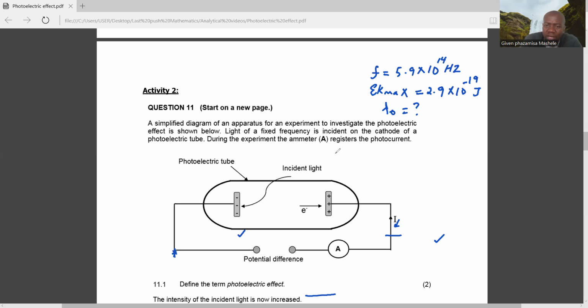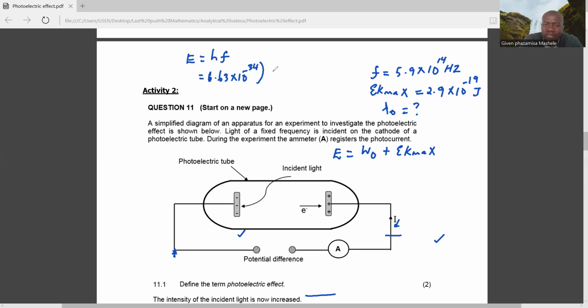Let's write the formula. Energy of photon is the work function plus the EK maximum. Now we can calculate the energy of photon. It's either we calculate it directly or we calculate separately, there's no problem. So energy of photon is h times the frequency of light. What is h? It's 6.63 times 10 to the power minus 34.